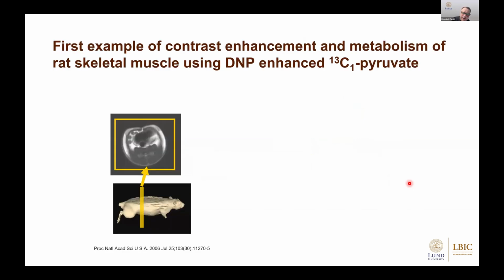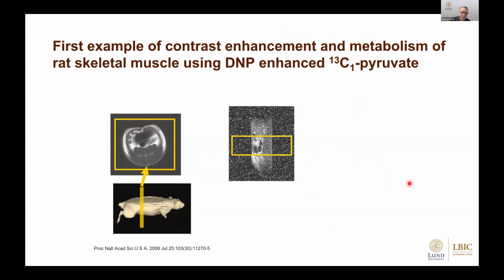So this is the very first example that's been used to show the feasibility with pyruvate. We used a very thick slice around the spinal cord of the rat. So this is spinal cord, these are the muscles, this is stomach side. Very thick slice.